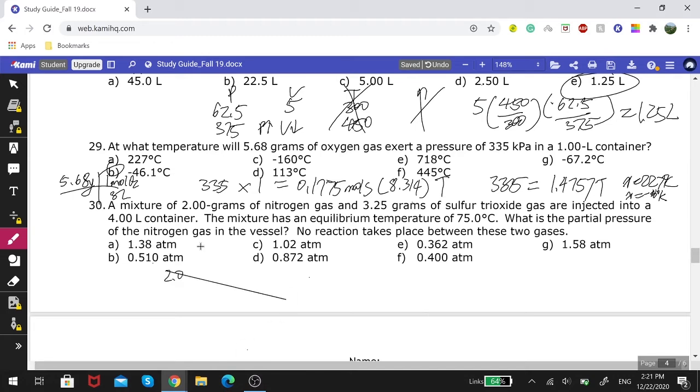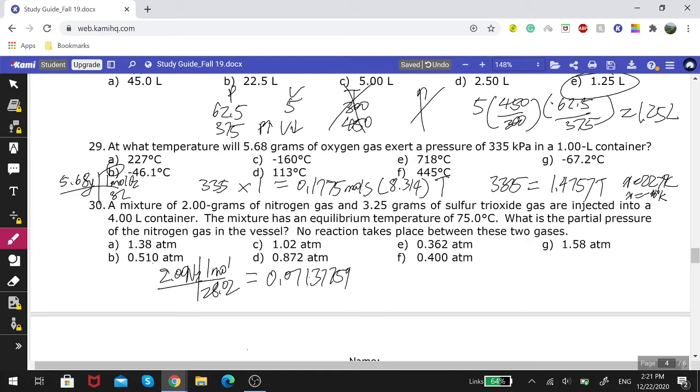So 2.00 grams of nitrogen gas, and that much grams of another gas. The mixture is at equilibrium at that temperature. What is the partial pressure, right? So first let's convert everything to moles. 2 divided by 28.02 will be 0.07137759.